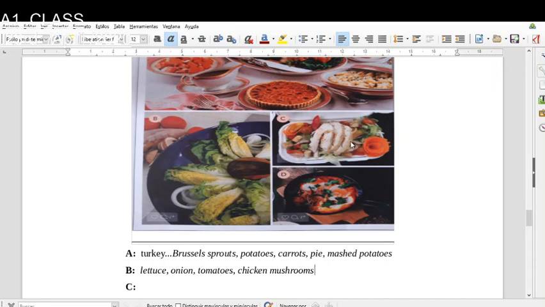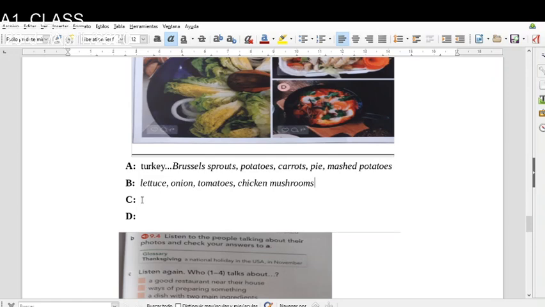Then C. This is C. What can you see in picture C? Chicken, carrot, tomatoes, lettuce, yeah, here, and some pieces of fried bread.